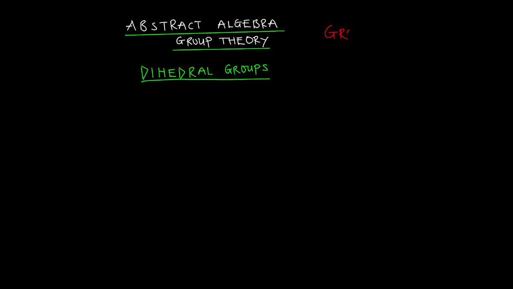Before we look at dihedral groups, I'm just going to write down the properties of a group that we talked about in the previous video. A group must have the following four properties. Property number one is closure. Property number two is associativity.